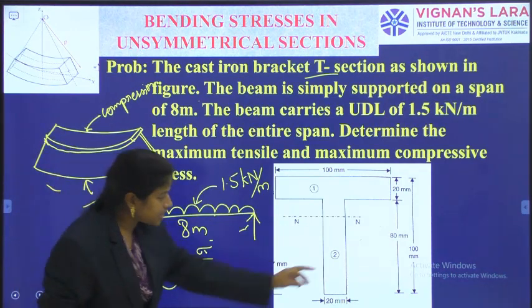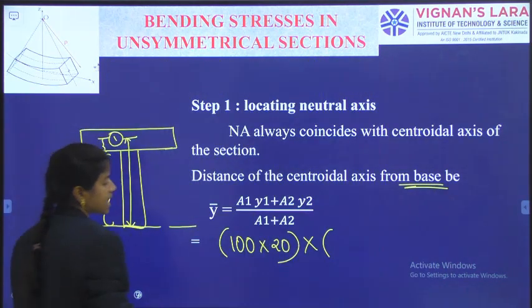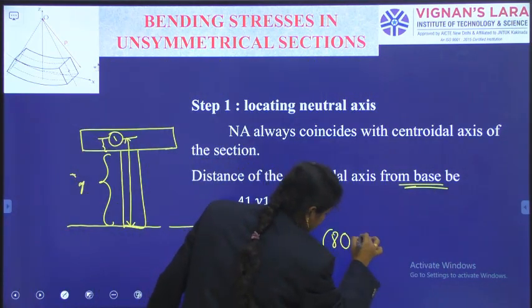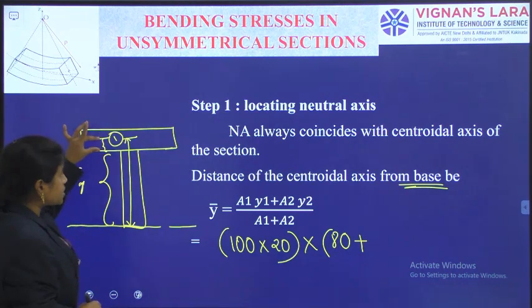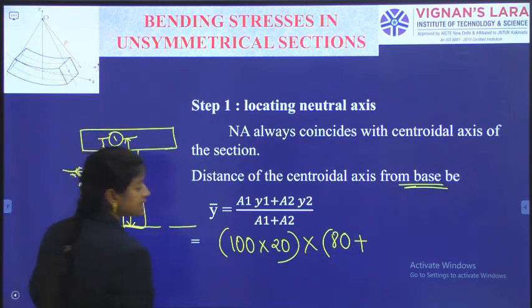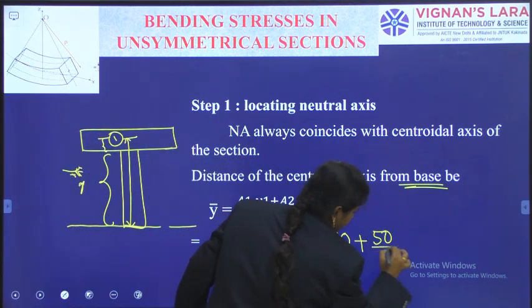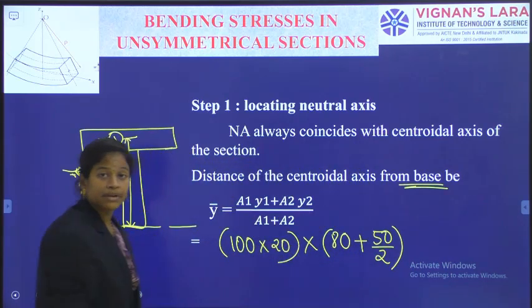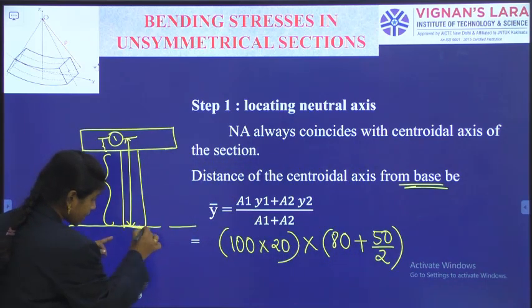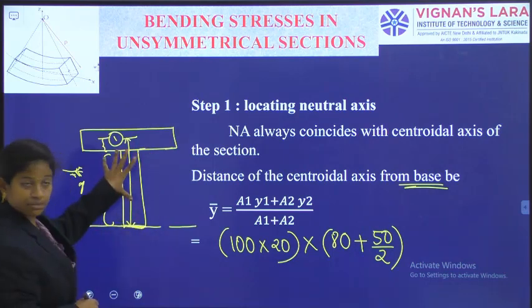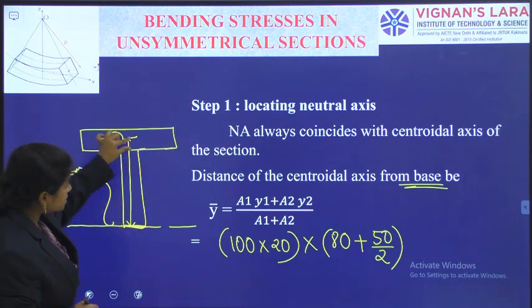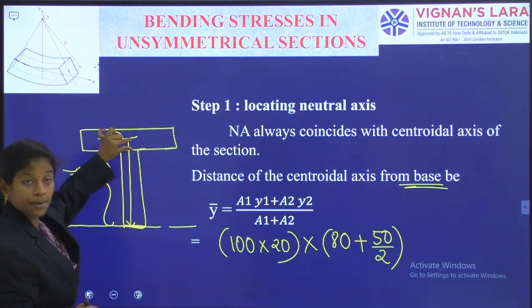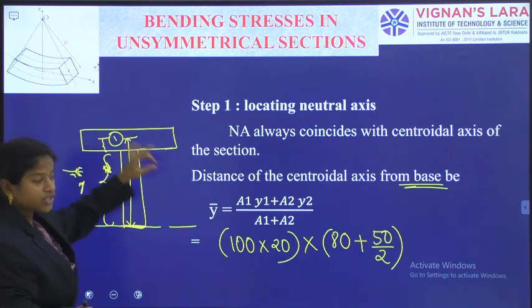The web is 80 mm, plus from the top I need to add half of the flange thickness, so 50 by 2. Why the summation? Because from the base I know up to this measurement is 80, and this measurement is 50 by 2, so that 25 I have to add.